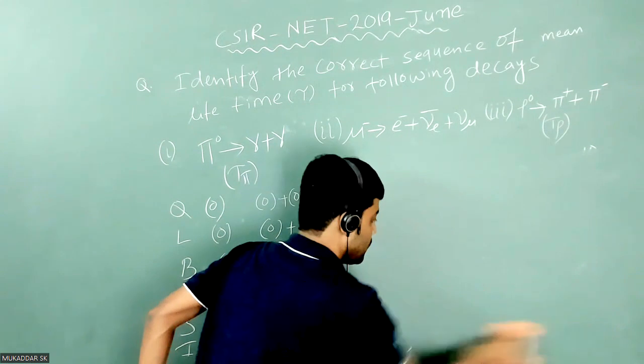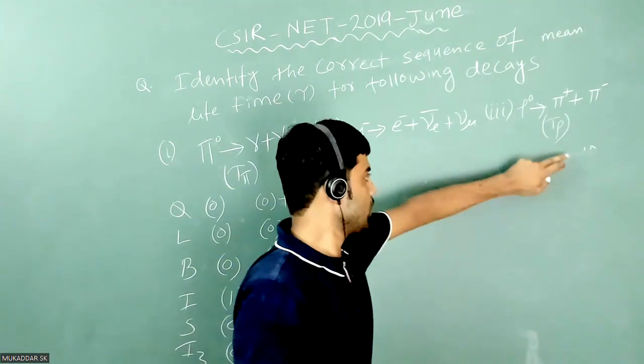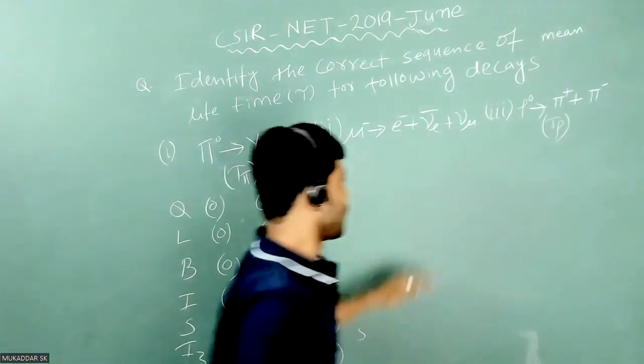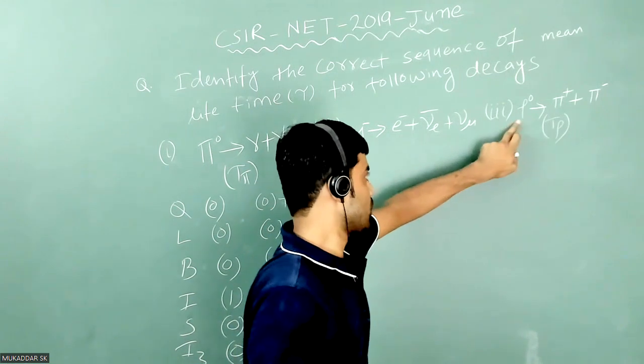Now for decay C, rho 0 goes to pi plus plus pi minus. You see, rho 0 is a mesonic particle. This is a vector mesonic particle.